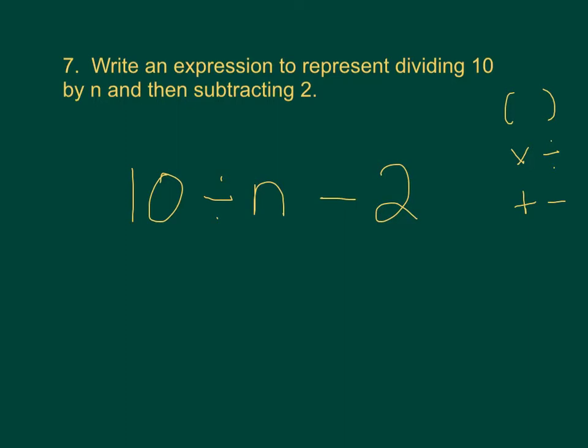And the thing I notice right off the bat is if I leave it the way that it is, I'm going to have 10 divided by n happen first, and then subtract 2. I don't need to do anything else for this expression to work. Could I put parentheses around 10 divided by n? I could, but there's no reason I would. Parentheses ought to have a reason. This should work the way it is.